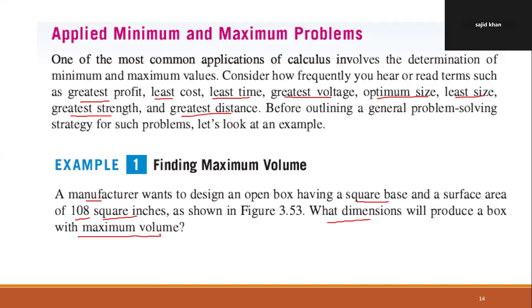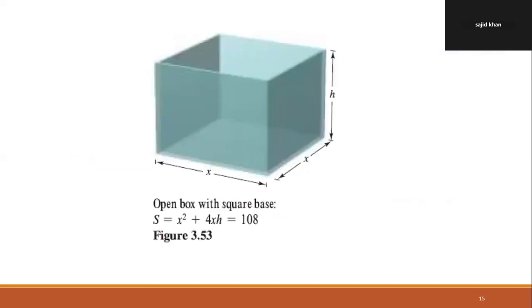So how to calculate? Now in this case, we have the information. It is basically a sketch of that open box whose base is a square base. Each side is represented by a variable x and height is represented by a variable h.